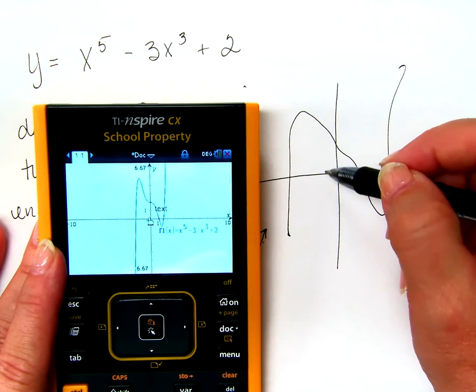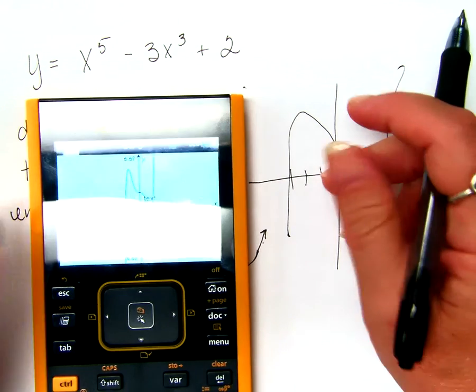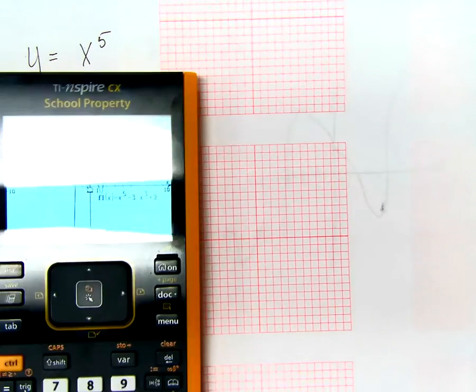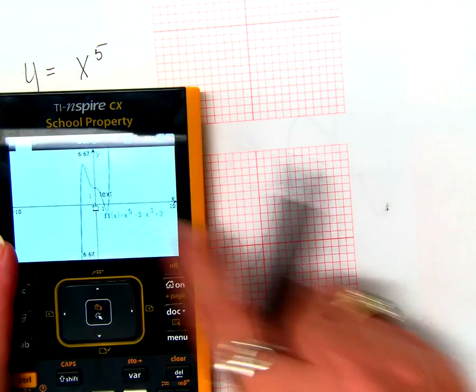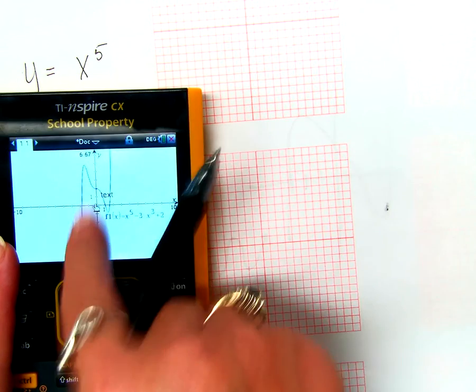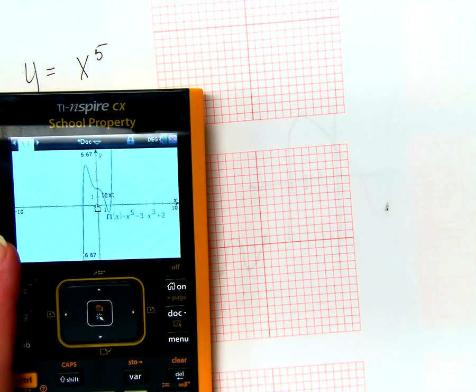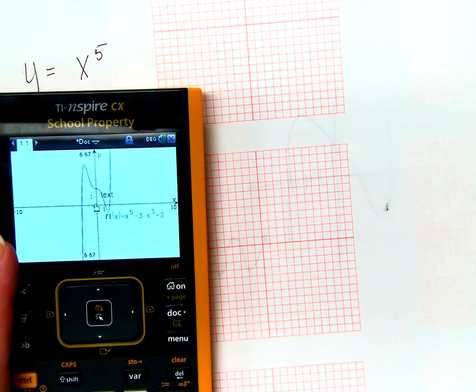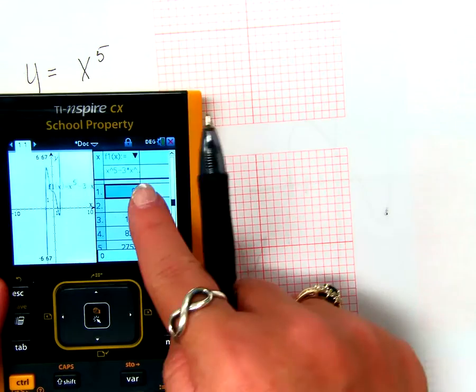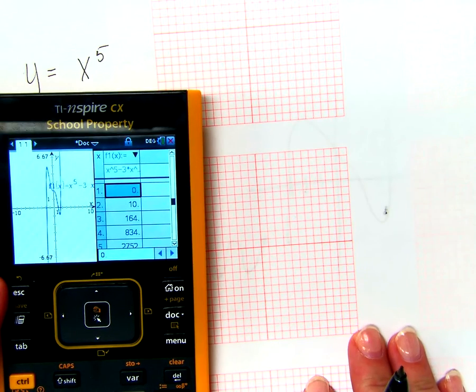You're going to have all of your tick marks on your graph paper, right? Your graph paper is going to be specific. I would like you to make sure that it crosses on the x-axis and the y-axis where it says it does on your graph. Other than that, I'm not going to be too picky, even though I could, because you could easily go Control-T to a table and get all sorts of points that it passes through, couldn't you?